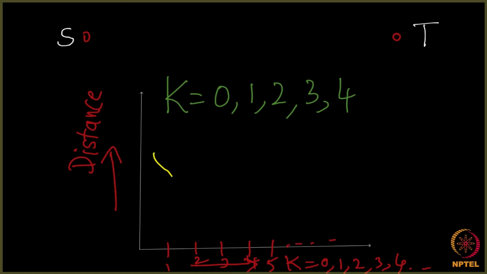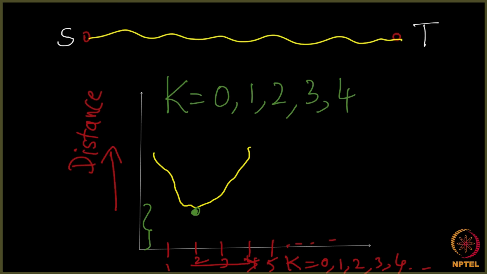The observation is that at 2 the distance is minimum. Now what do I mean by distance? You can reach your destination quickly if the rewiring probability is 1 over d to the k, where k is 2.